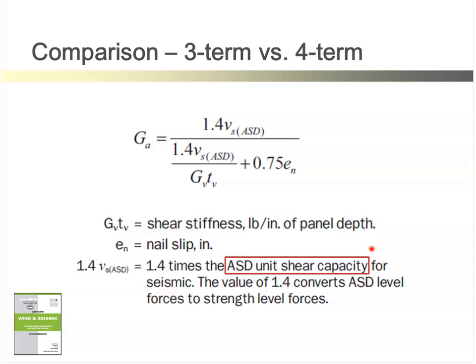Again, you're still permitted to use the four-term equation, but I think you'll see when we look at the results here in our description and then later in our example that making this assumption about unit shear capacity versus induced unit shear does not change your results dramatically. In fact, it matches up quite well with the test data, and we'll take a look at that as well.